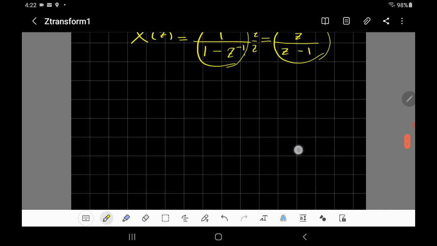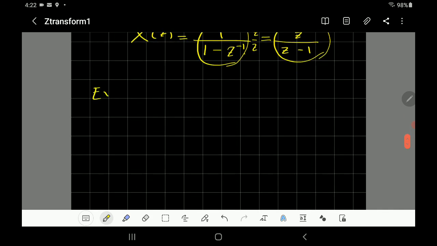All right. Let me take another example, so you'll be familiar with how you find the z transform. Okay. The second example is x[n] equal to a to the power of n times u[n], and a is a constant.